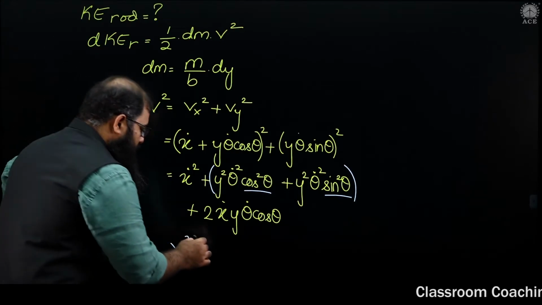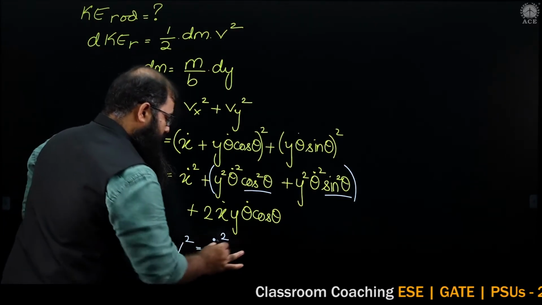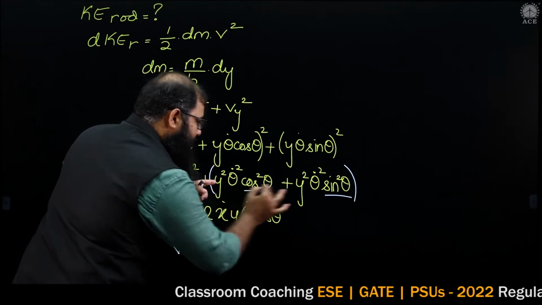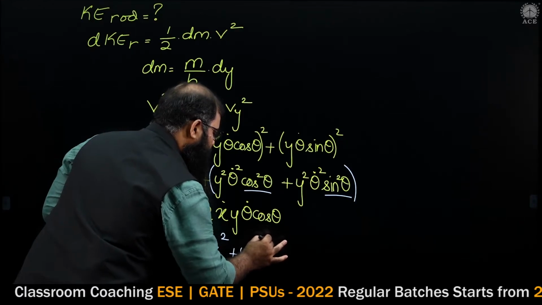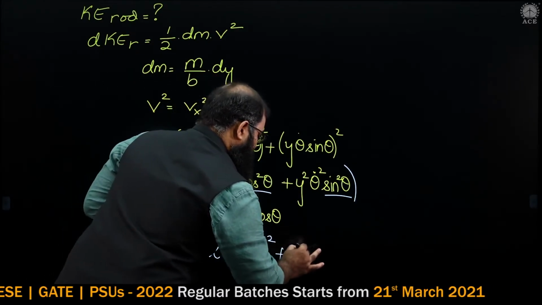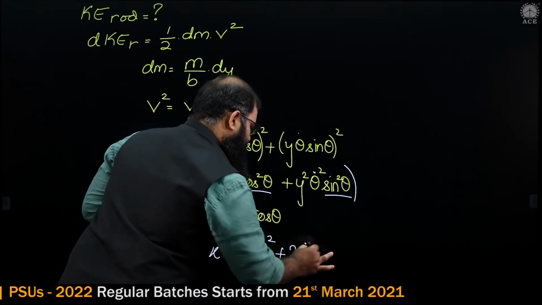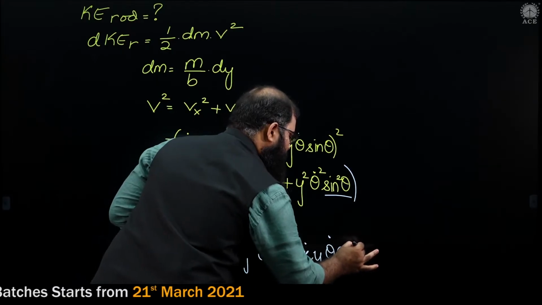The value of v square has to be equal to x dot square plus y square theta dot square plus 2x dot y theta dot cos theta.